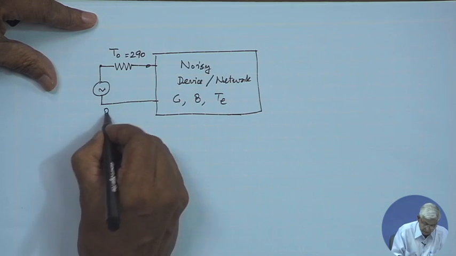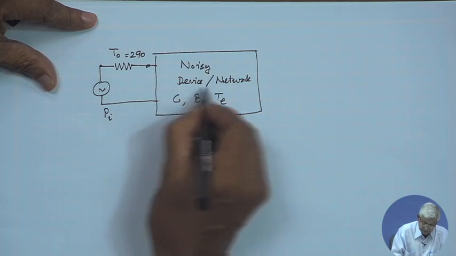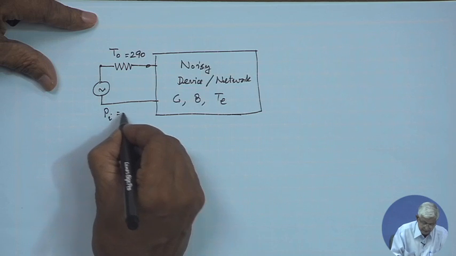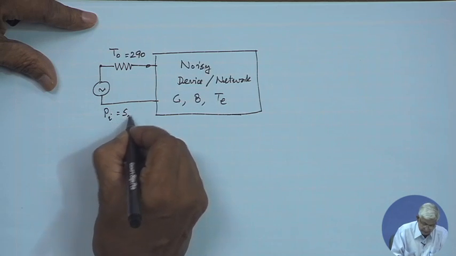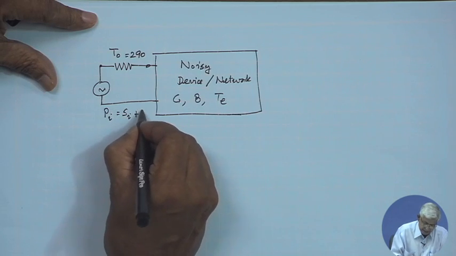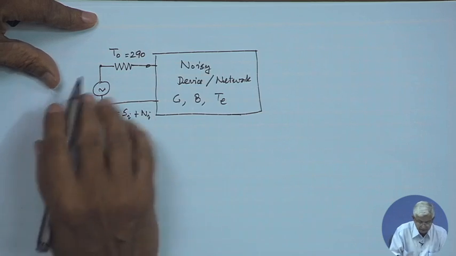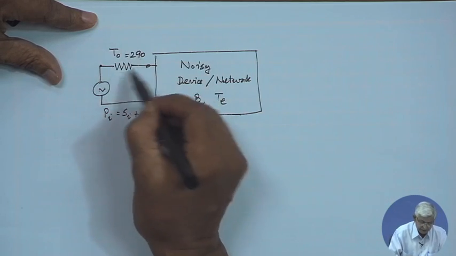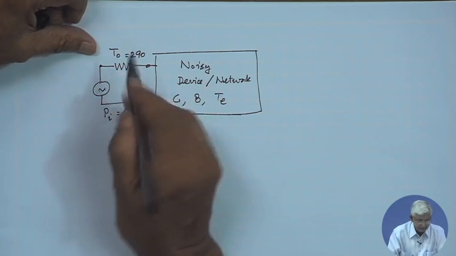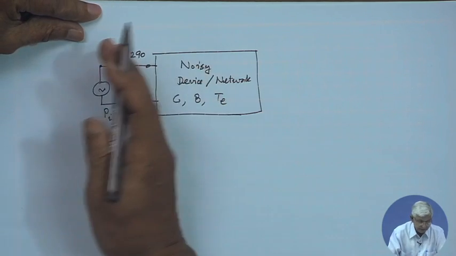So, the power input to this noisy device is the signal power and the noise power. The noise power is generated because of this T0, but remember it is matched.